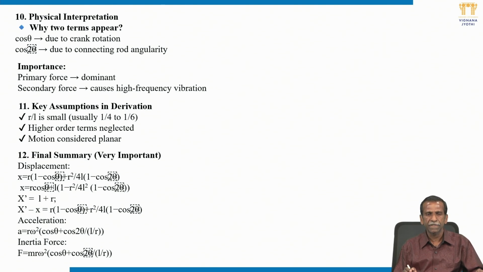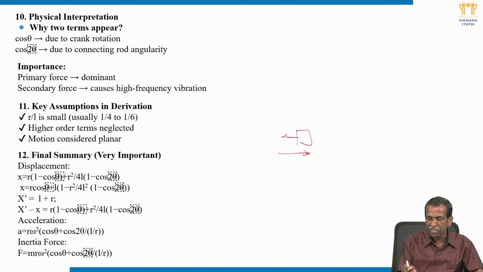Here two terms are there. If you find the acceleration, you get r omega square into cos theta plus cos 2 theta by L by r. So the acceleration of the piston is towards the inside.